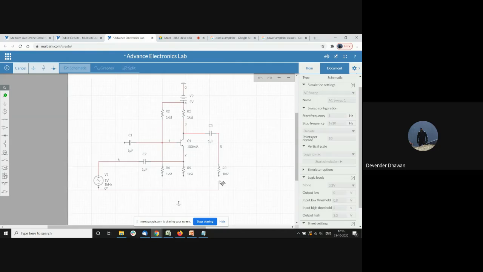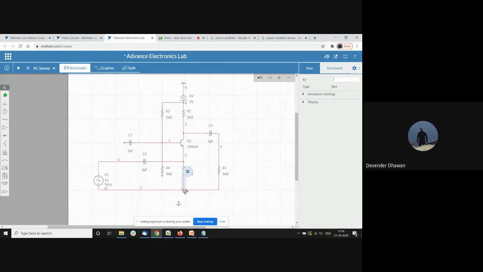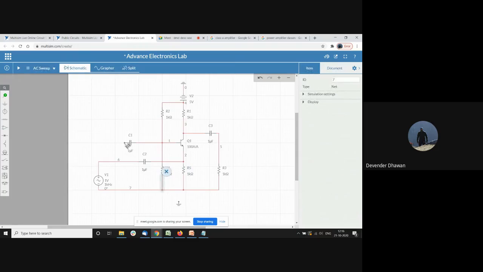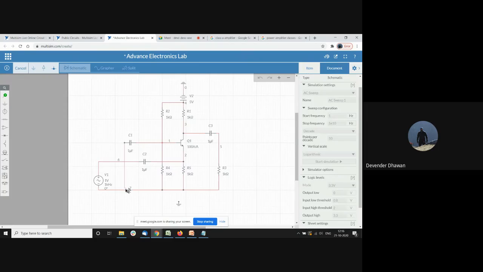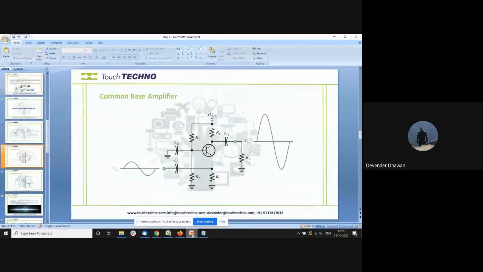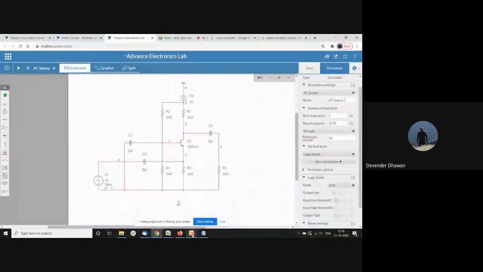All of this will be ground. Okay, yes, so we have given the right circuit.